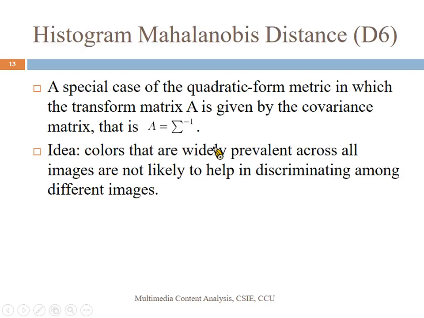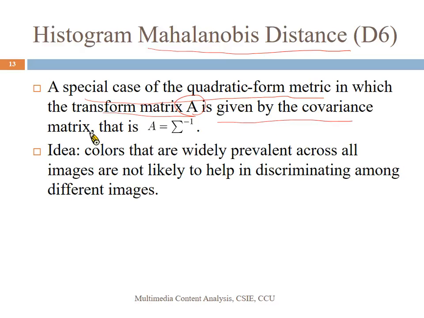To further improve the quadratic distance, we can calculate the Mahalanobis distance. The Mahalanobis distance is actually a special case of the quadratic form matrix, in which the transform matrix A is given by the covariance matrix, that is A is equal to this one.